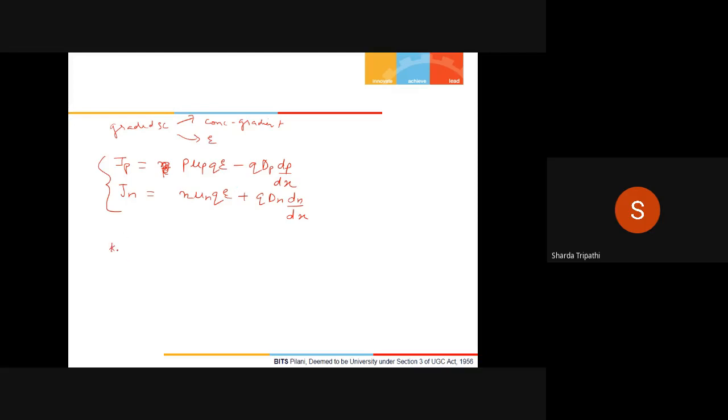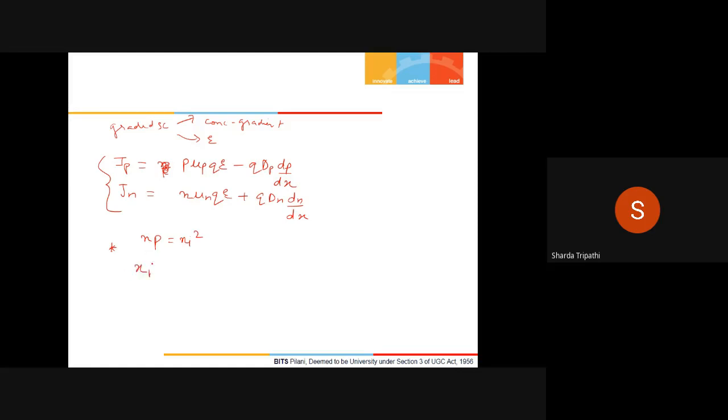Then one more important relation concerns the mass action law. We have already seen that the mass action law states that for a given semiconductor, N into P is always equal to Ni square. Now in a graded semiconductor, what happens?